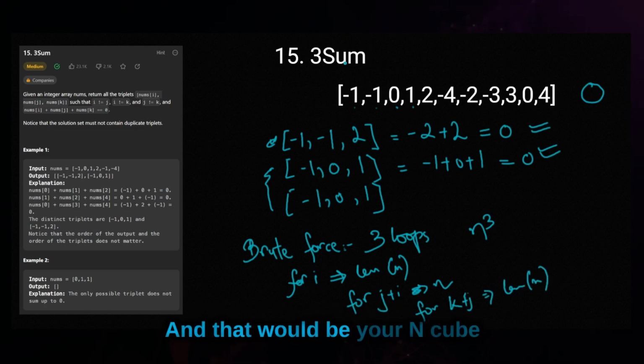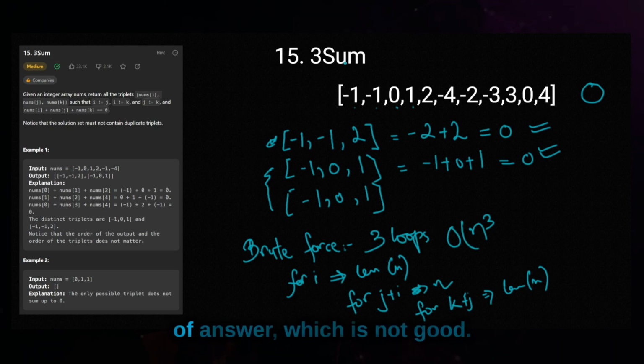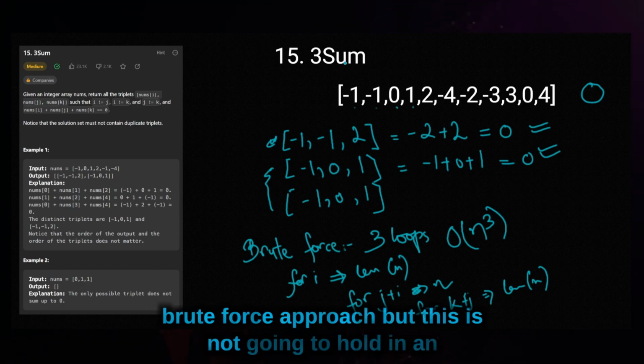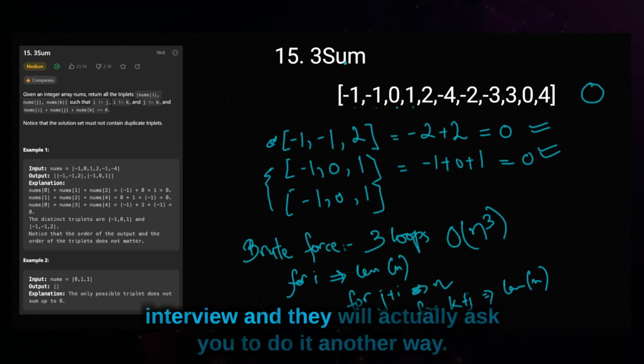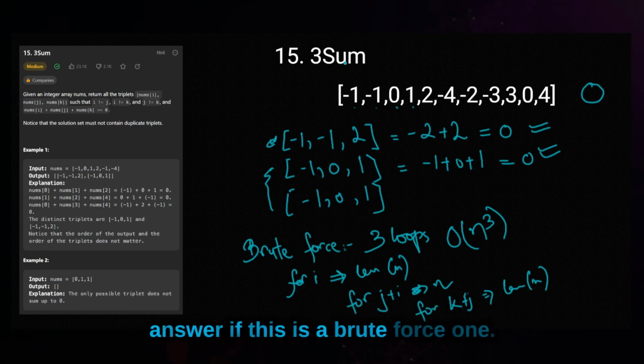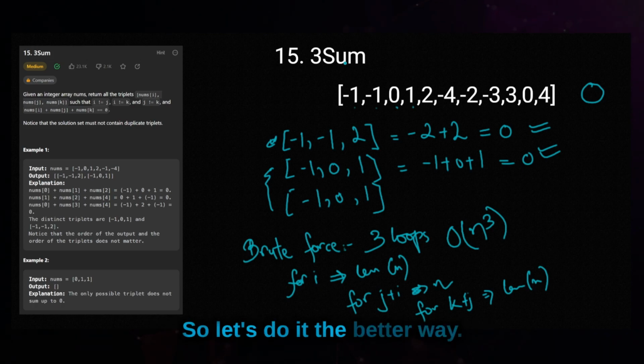That would be O(n cubed), which is not good. You can try it on your own, but this is not going to hold in an interview, and they will ask you to do it another way, and LeetCode will not accept a brute force answer. So let's do it the better way.